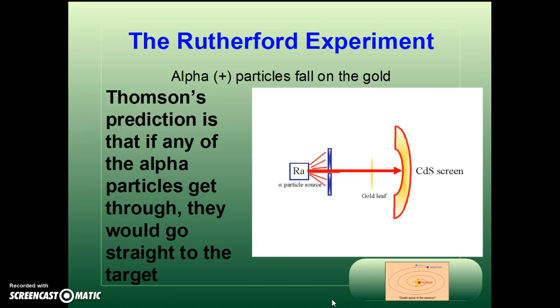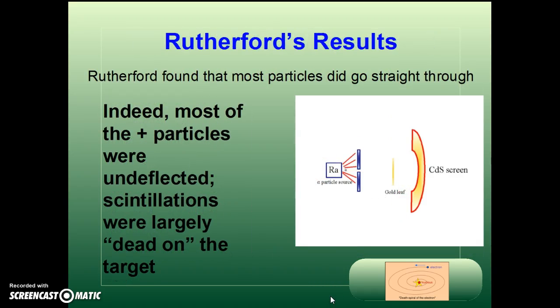Thomson would predict that if any of the alpha particles get through, they would go straight to the target. And the target was cadmium sulfide, which will scintillate, will give off sparks-looking results when ions hit it. Indeed, most of the positive particles were undeflected. The great majority did. The scintillations were generally dead on, right in the center of the target.